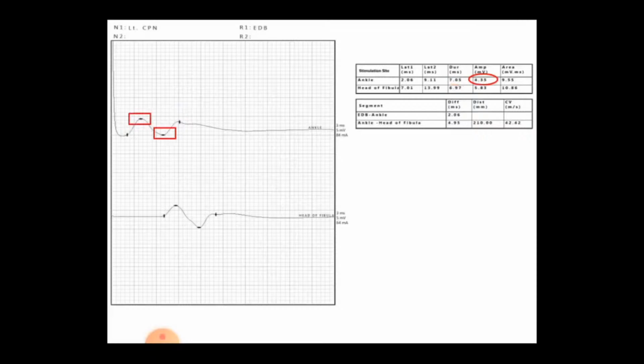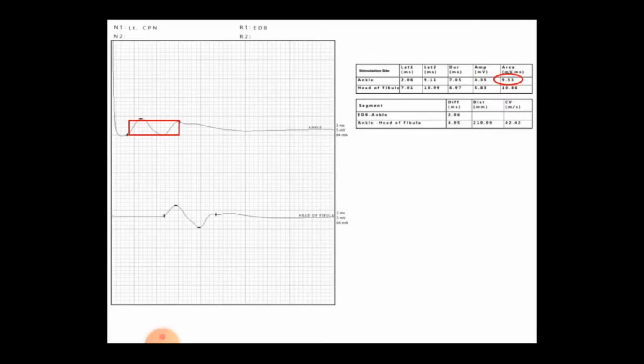Now coming to the two horizontal markers. The vertical distance between these two horizontal markers is known as amplitude. In this example you can see it is 4.35 millivolt. Now area means whenever you join all these 4 markers, two horizontal and two vertical, whatever area is covered by this rectangle is sometimes known as area.